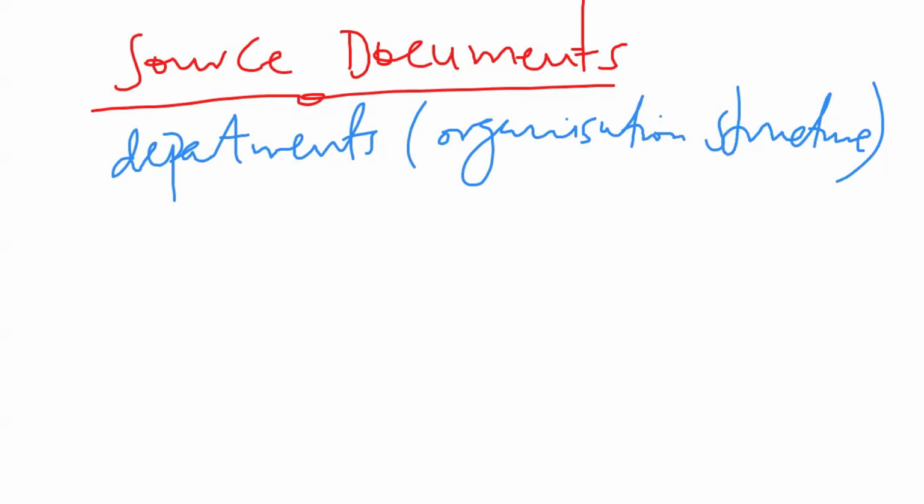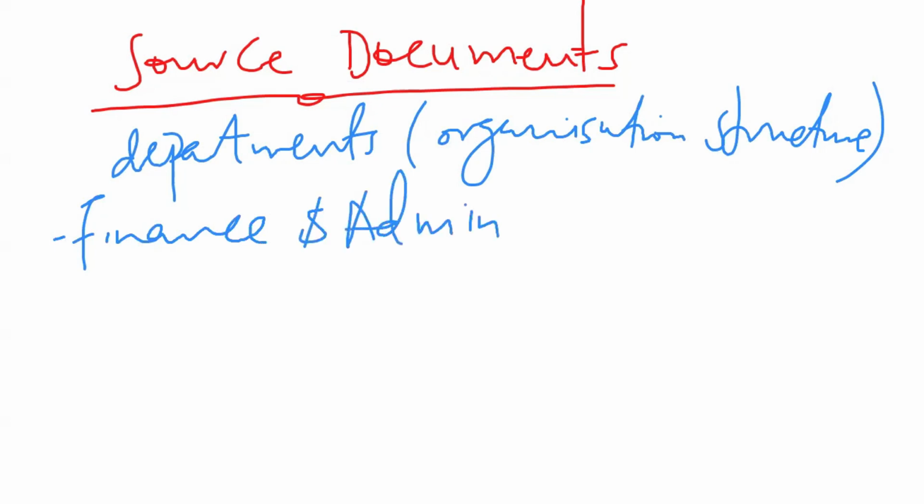For example, we may assume that in our company we have departments, and if at all your organization is arranged into departments, we shall expect departments like finance, maybe finance and administration. We include even the HR department there.